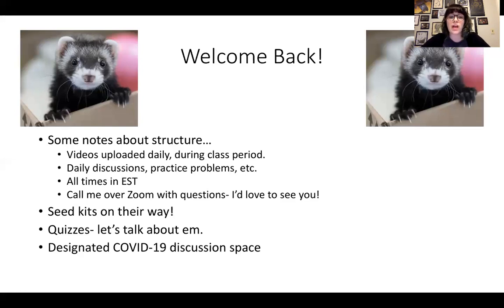And so the solution that I've come up with for this for now, and this again may evolve, everything could evolve as we go, but the solution we've got for right now is to have a designated COVID-19 discussion space.